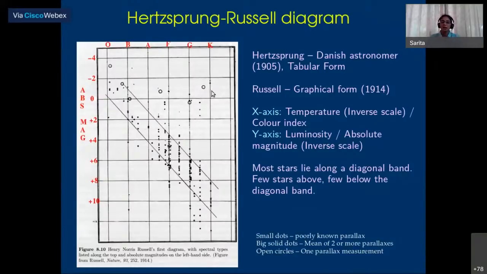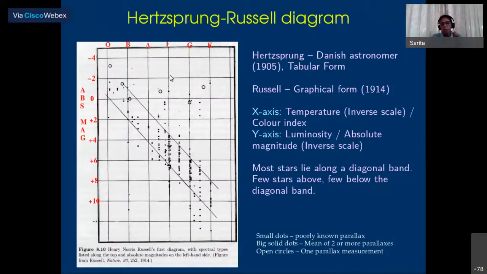You can, but generally the norm among astronomers, because of this earlier plot, was to have the hottest stars here, and then go towards the cooler stars as you go towards the right hand side. In terms of luminosity, luminosity increases from top to bottom, and absolute magnitude is an inverse scale. So numbering wise, larger positive numbers are lower and negative numbers are up.